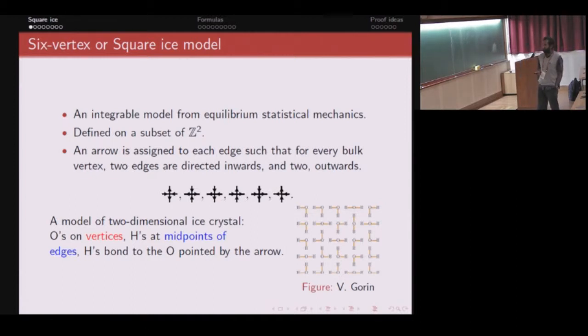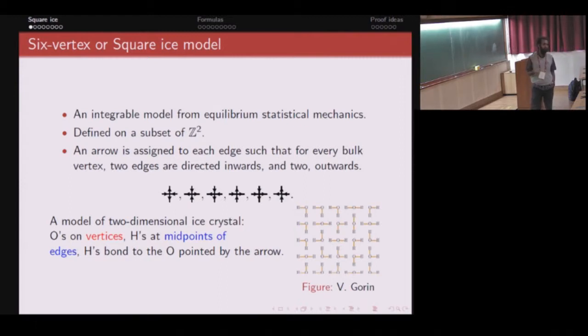This is a kind of toy model for ice in the following sense. So here's this picture. You put the oxygen atoms on your vertices, hydrogen atoms on the midpoints of the edges, and you imagine that the hydrogen is connected to the oxygen in the direction of the arrow.